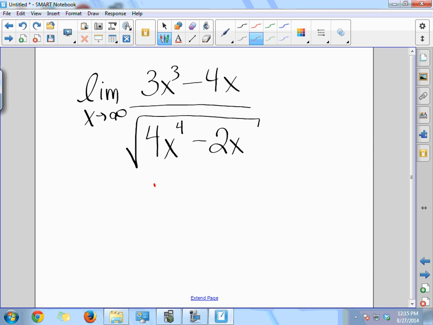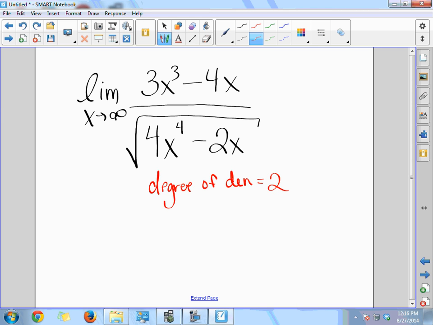So the degree of my denominator is actually equal to x to the fourth to the 1/2 power, so it's going to be 2.